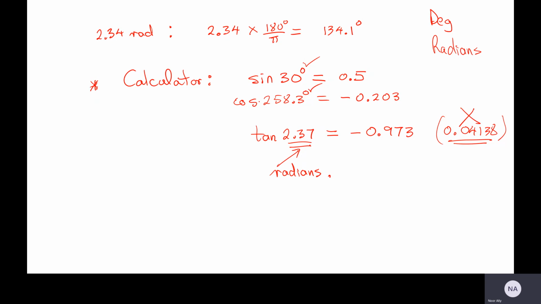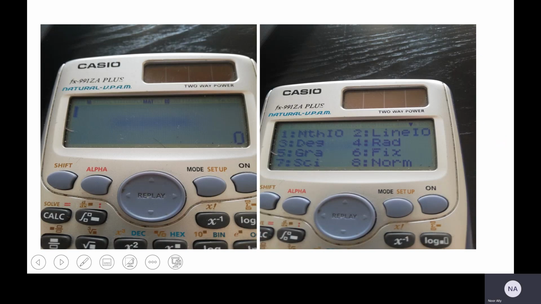Now, follow this extremely carefully. How do you go about getting the correct answer for these trigonometric functions when you are dealing with radians? Well, there you go. This is my Casio. You're going to find out for your particular calculator how it works.